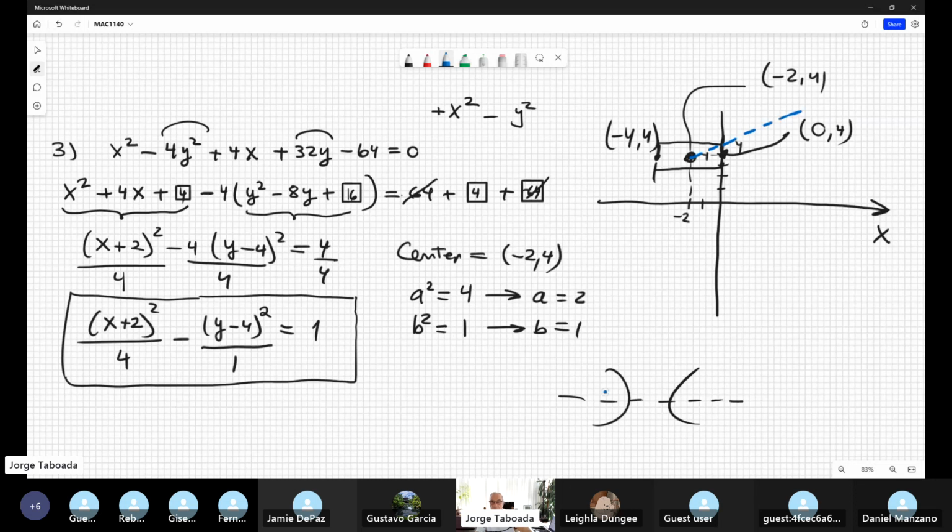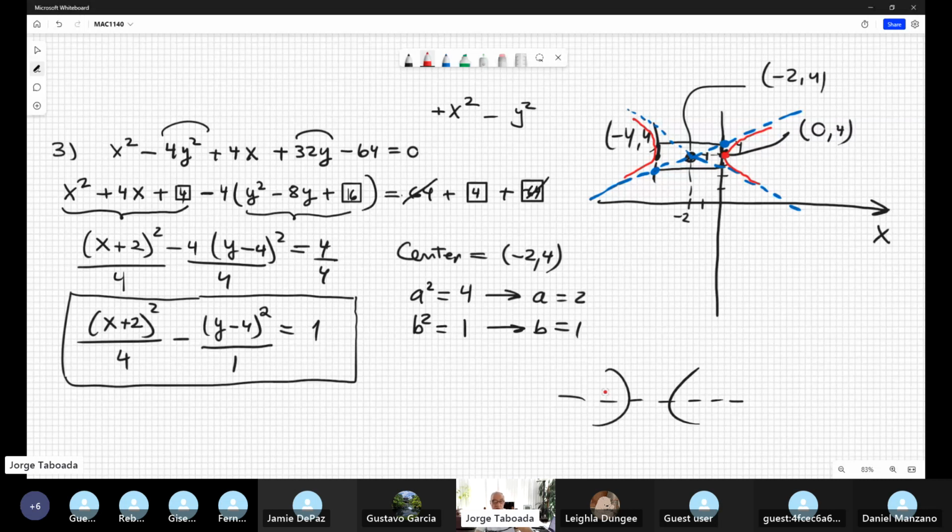You connect the center to any corner. This is the asymptote. And the hyperbola, let me use a red color, passes through the vertex and is asymptotic in that direction to the lines. It's the asymptote.